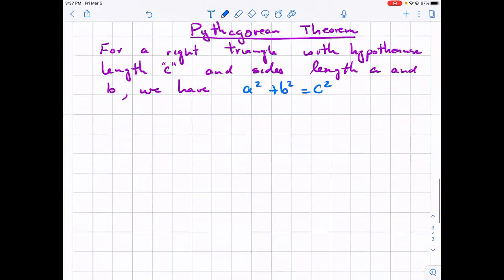So what it's saying is that if we have a triangle, it has to be a right angle triangle. So here's the right angle triangle. And if this is c, and it doesn't matter, this could be a and that could be b, or vice versa, because the sides don't matter.